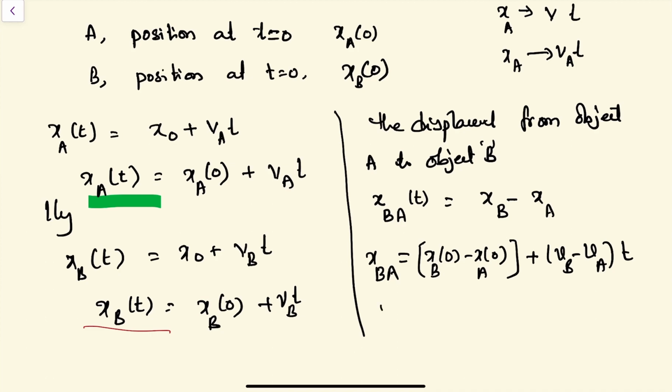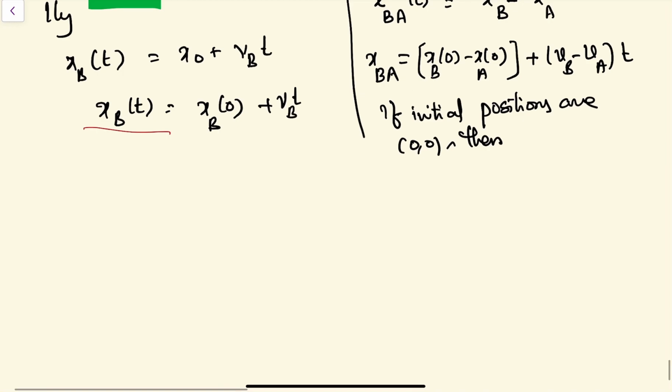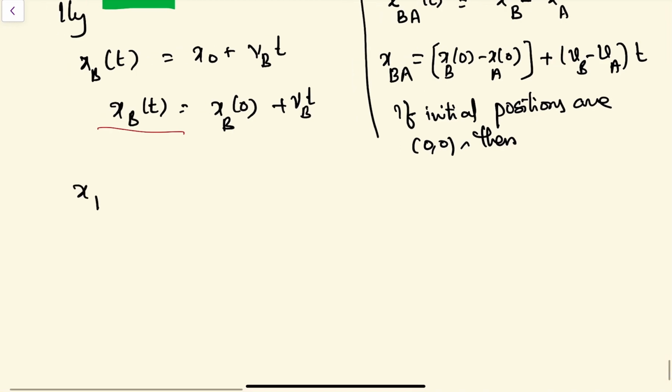If the initial positions are 0, then XBA is equal to VB minus VA into t.